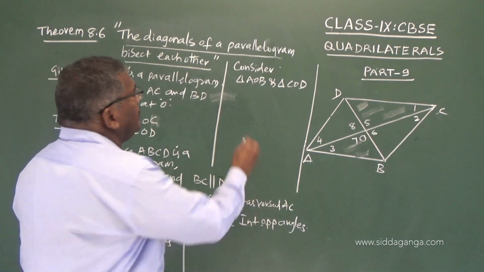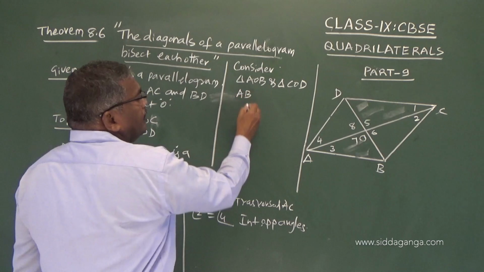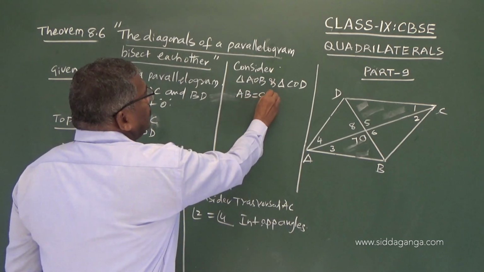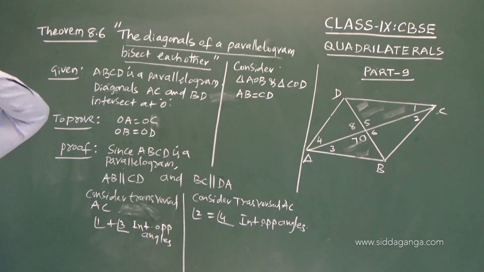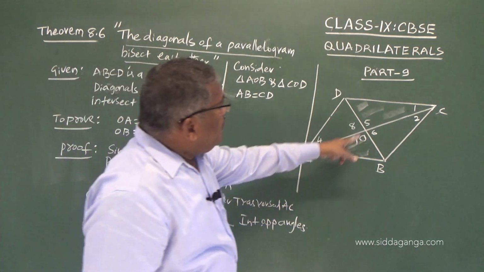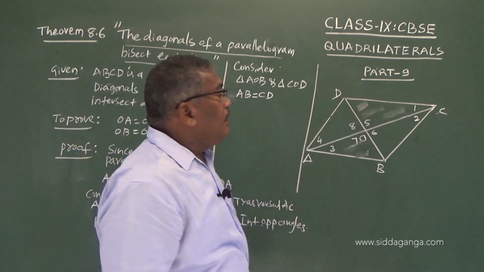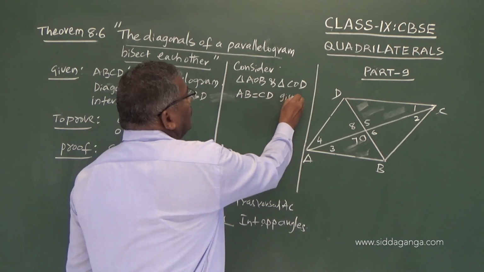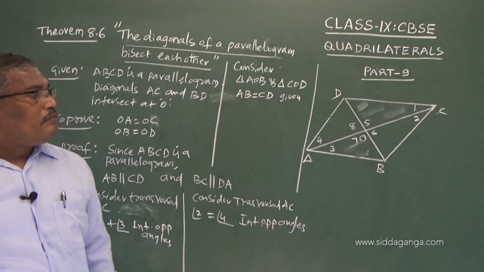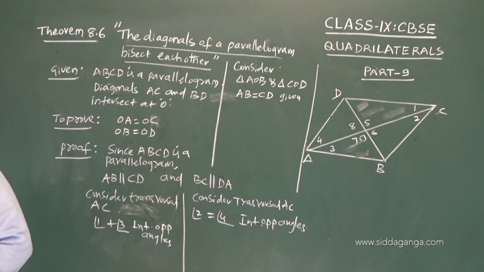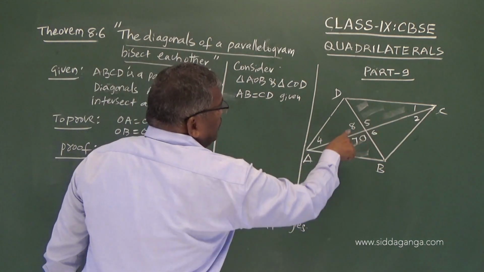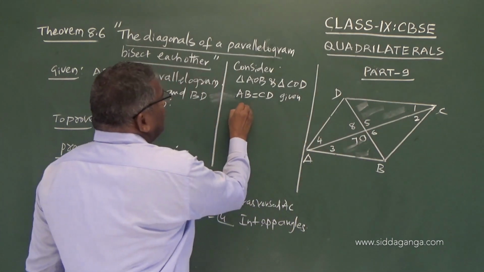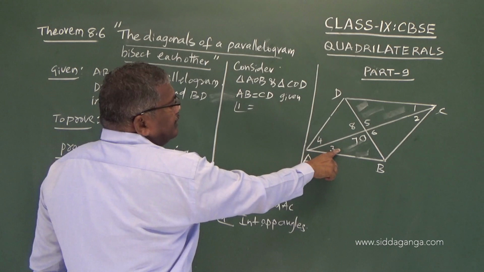So now AB is equal to CD. Why are they equal? In a parallelogram, the opposite sides are equal. So I will write given. Angle 1 equals angle 3.